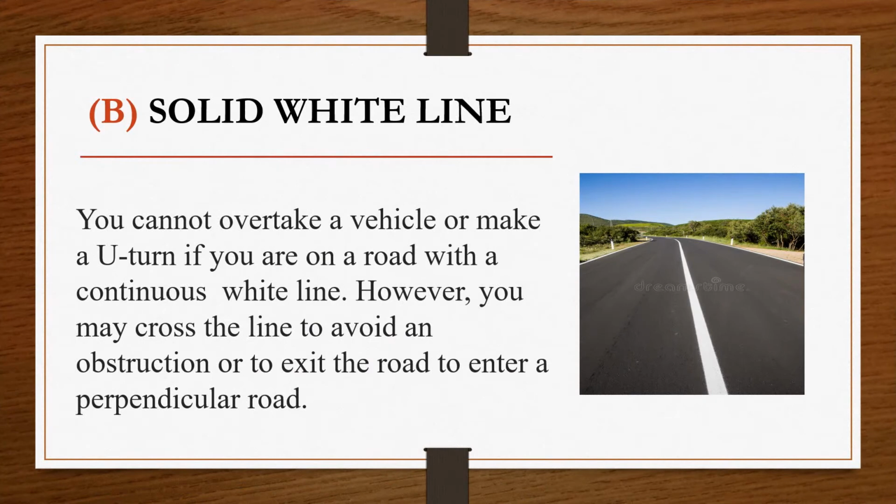You cannot overtake a vehicle or make a U-turn if you are on a road with a continuous white line. However, you may cross the line to avoid an obstruction or to exit the road to enter a perpendicular road.